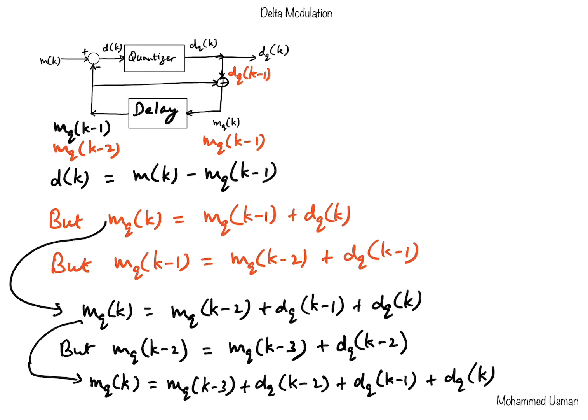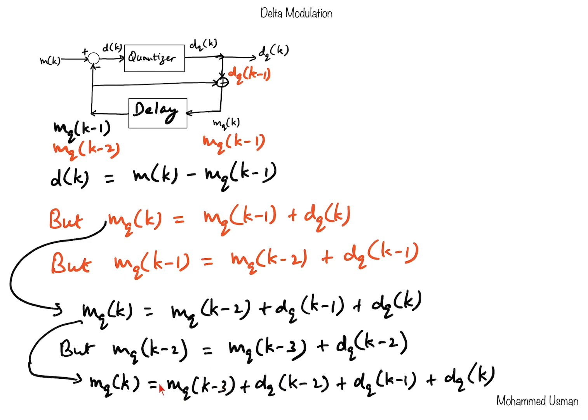What's developing here is a summation term of dq[k], dq[k-1], dq[k-2]. Again we can write mq[k-3] as mq[k-4] plus dq[k-3], and so on. If we keep going backwards, we'll have a summation of all these delayed versions of the dq terms: dq[k] plus dq[k-1] plus dq[k-2] plus dq[k-3], and so on.